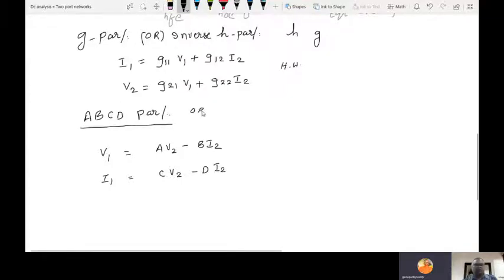These are ABCD parameters or T parameters. T stands for transmission.